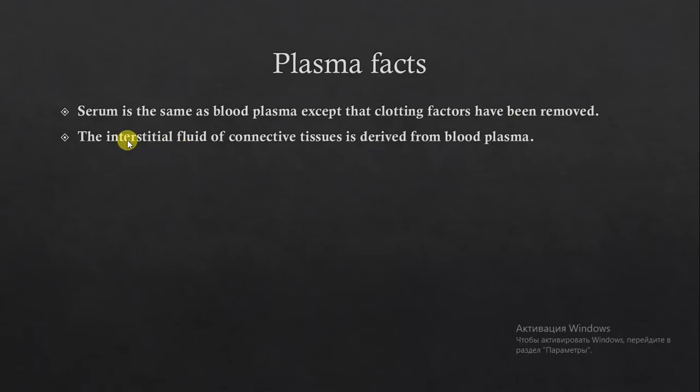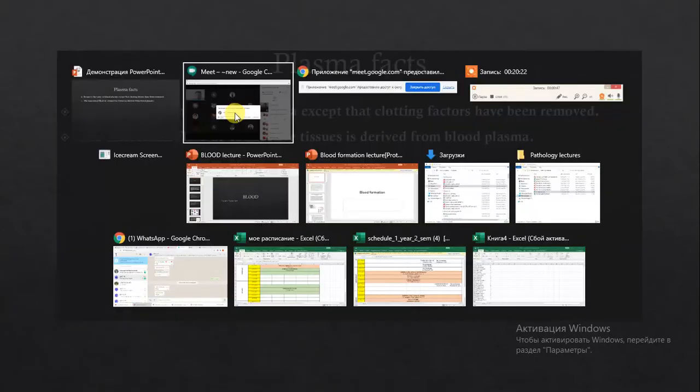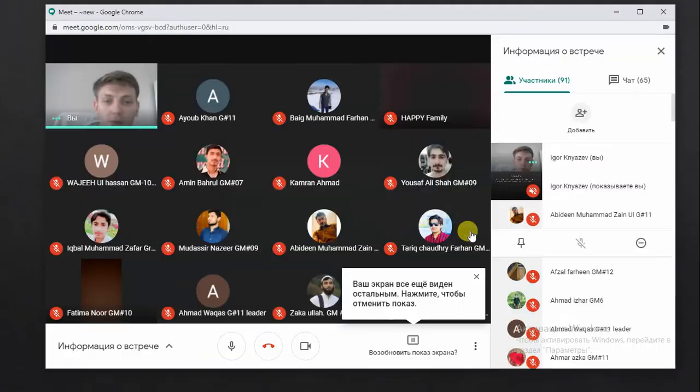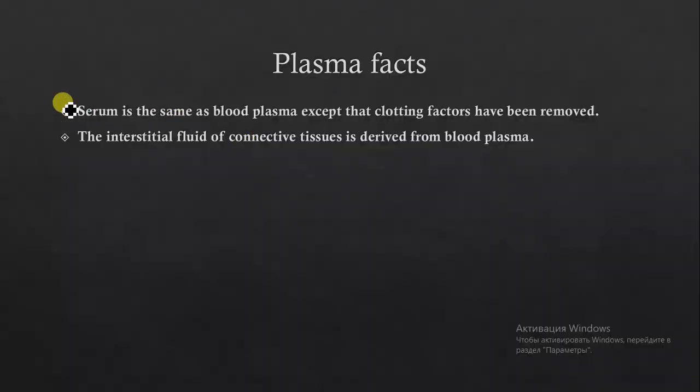Okay, and let's talk about plasma. Some facts about plasma. Serum is the same as blood plasma, except that clotting factors have been removed. Usually students are confused about what a serum is, what a plasma is, and what the difference between them is. There is only one difference.